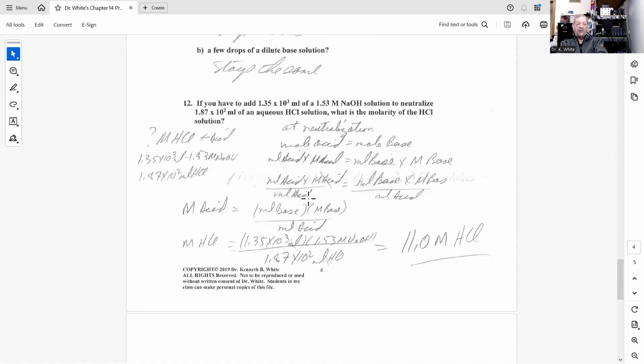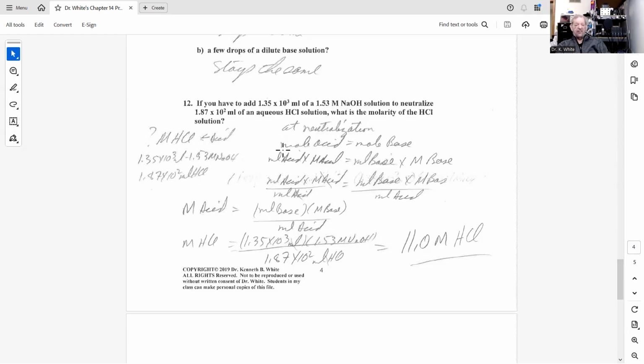What is the molarity of the HCl solution? Well, we're trying to find the molarity of HCl. It's an acid. We're given the milliliters of the base and its molarity and the milliliters of acid.